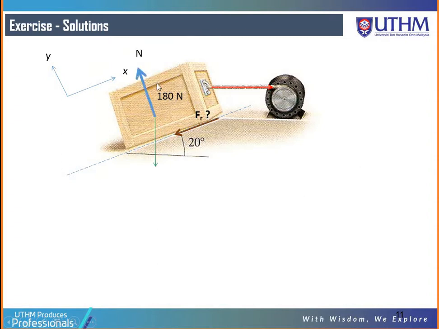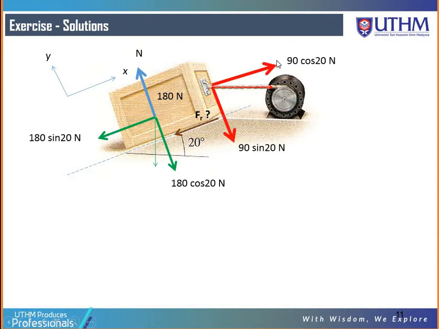This is the normal force acting perpendicular to the contact surface. These are the components of the weight: 180 cos 20 Newton, and this is 180 sin 20 Newton. What else we have here are the components of the tension of the rope: on the x-axis it is 90 cos 20 Newton, whereas on the y-axis it is 90 sin 20 Newton.